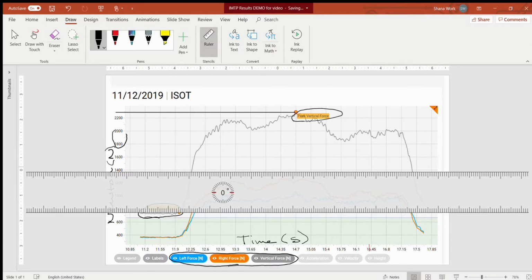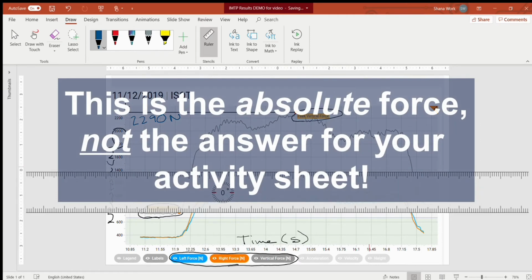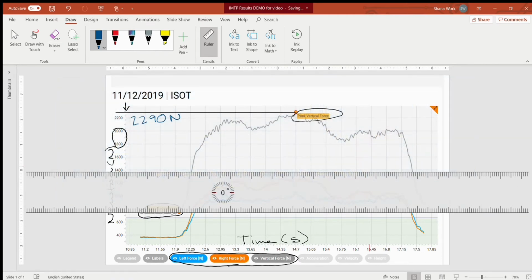So this line here is just below 2,300 newtons. We're going to estimate that this one is 2,290 newtons. That's just a rough estimate, but we can see that there's that smaller dashed line below the black line that we drew, so we're just going to split the difference between 2,280 newtons and 2,300 newtons.